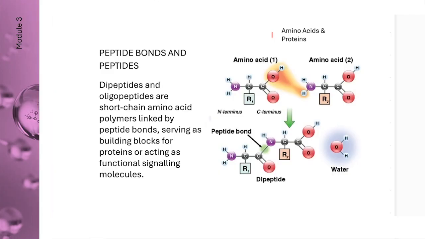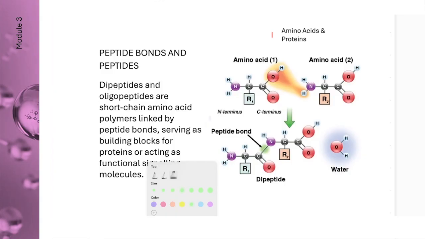So what are peptides? You remember when we looked at carbohydrates, we looked at two monomers or two monosaccharides coming together to form a disaccharide. In the same manner, in the building of proteins, amino acids come together, they bind together, and they form peptides.